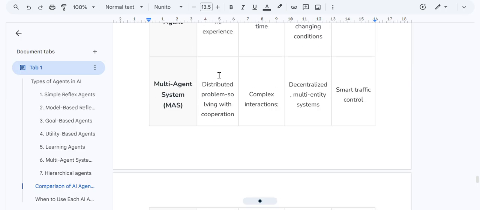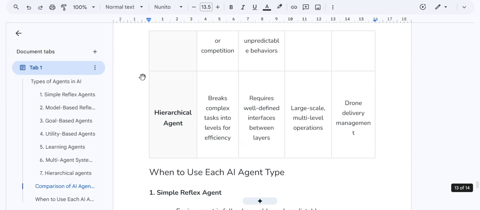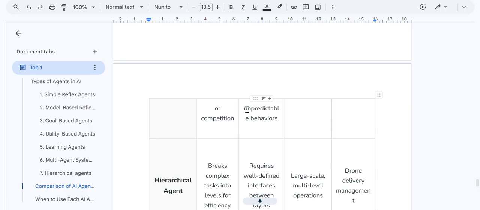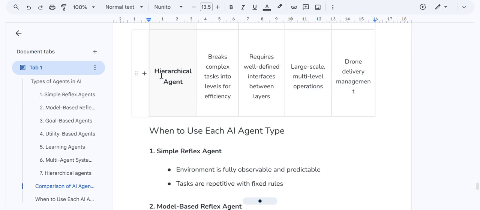Multi-agent systems: the main strength is distributed problem solving with cooperation. Limitations: complex interactions, and competition can bring unpredictable behavior. Best for decentralized multi-entity systems. An example is smart traffic control or agentic AI, like a WhatsApp agent, Gmail agent, or Jarvis.